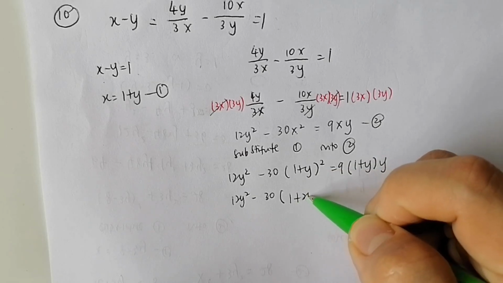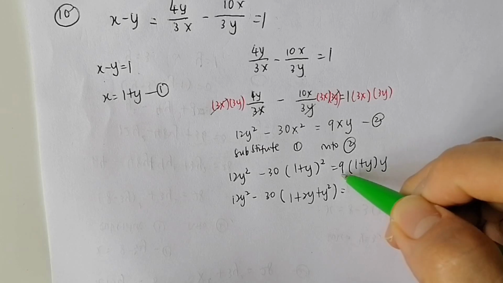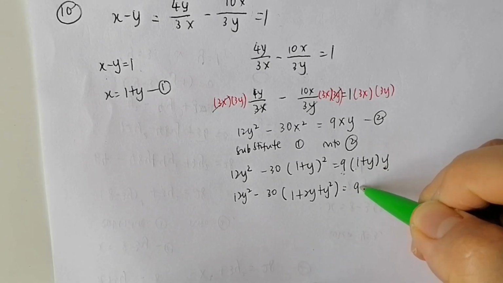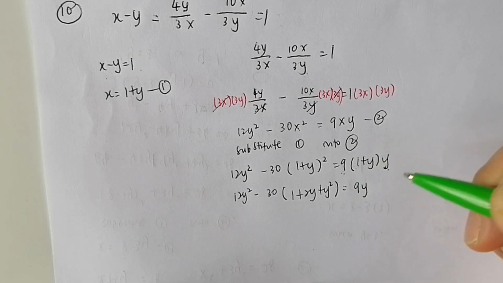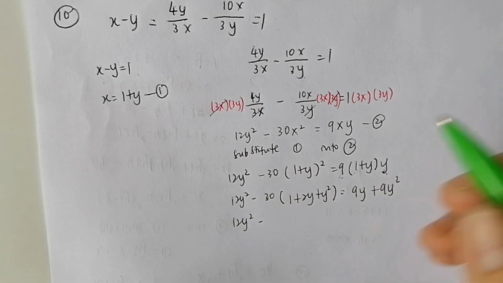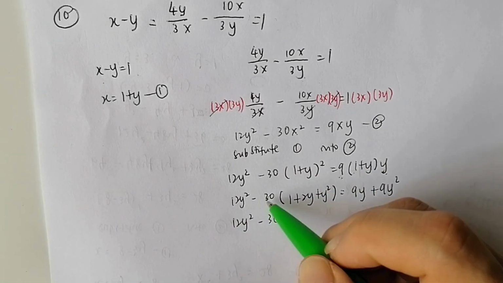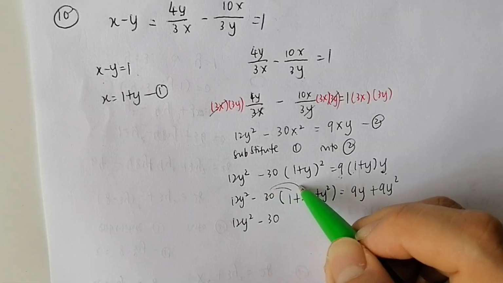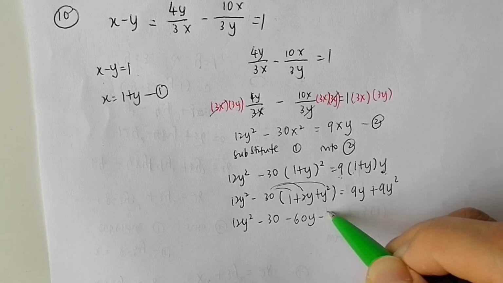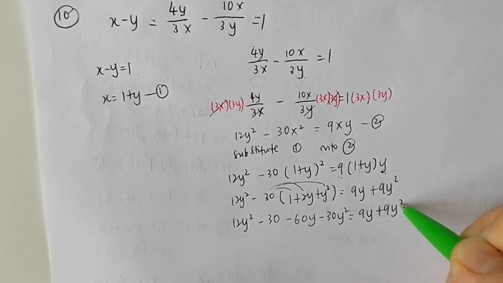First times second times 2, 2y, and then plus y squared. Equal to, here you multiply these two first, 9y times 1, 9y. 9y times y, 9y squared. So 12y squared minus, okay, here 30 multiplied into each of them. Here will be minus 60y minus 30y squared equal to 9y plus 9y squared.